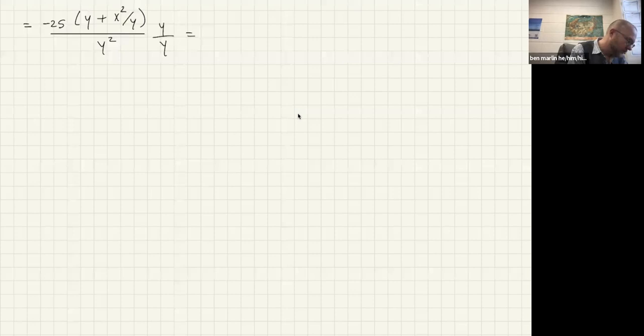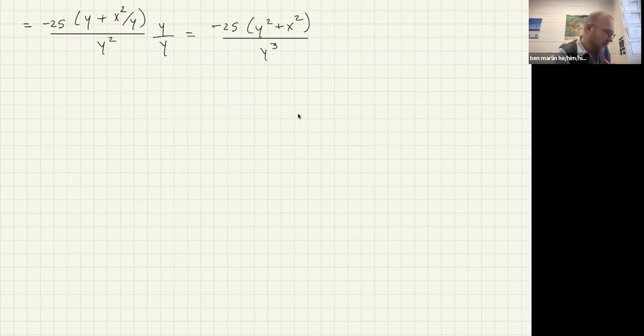So, oh, shoot, did I lose something there? No, that's okay. All right, so I end up with minus 25 times y squared plus x squared, all divided by my y cubed. All right.